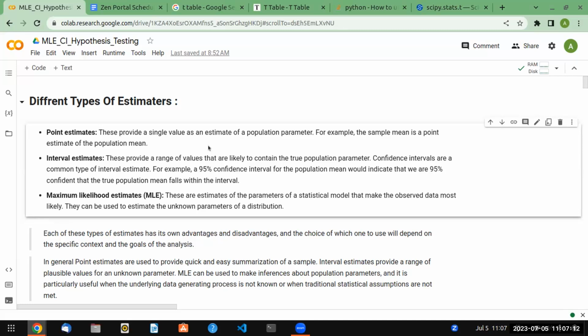So the way of representing the mean value there is the interval estimator. You will have some confidence level and some interval, and in between that interval you will say, here my mean is falling.